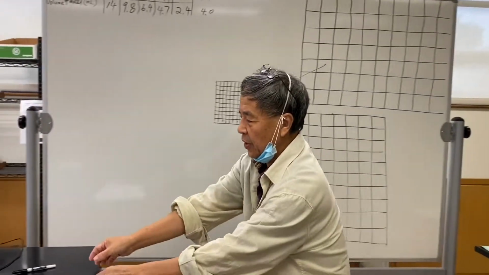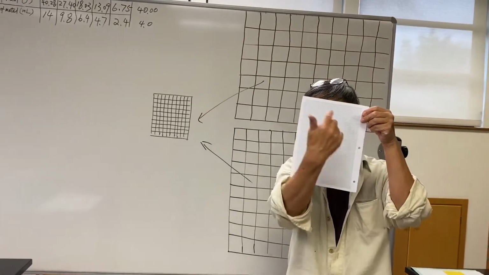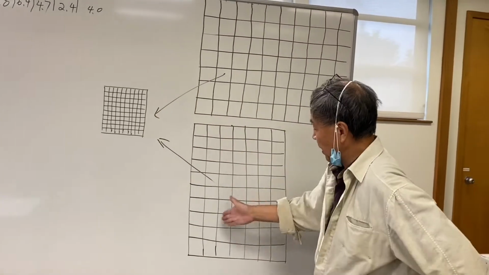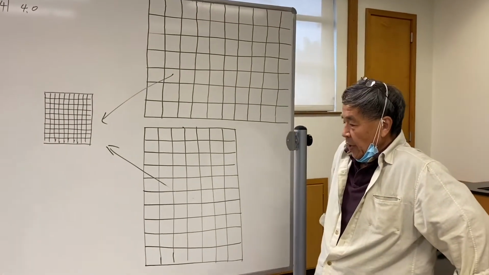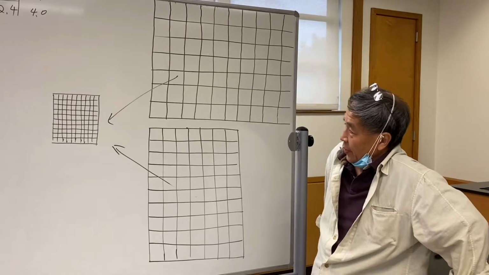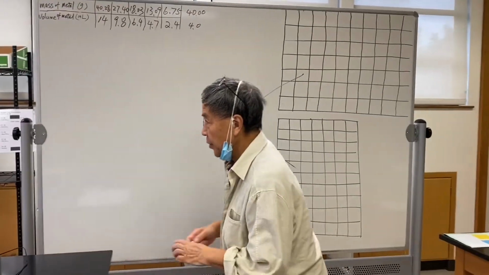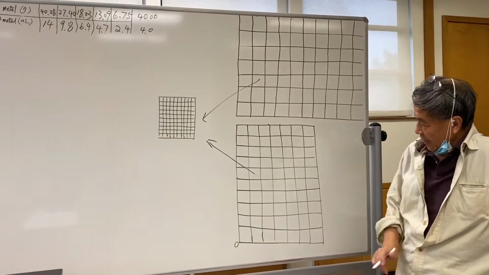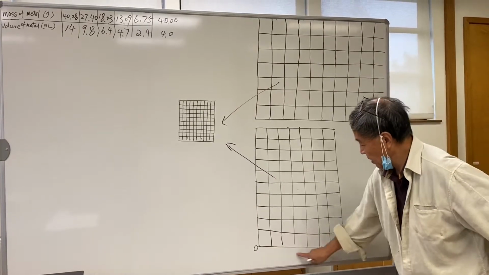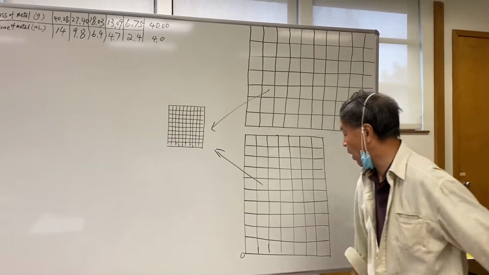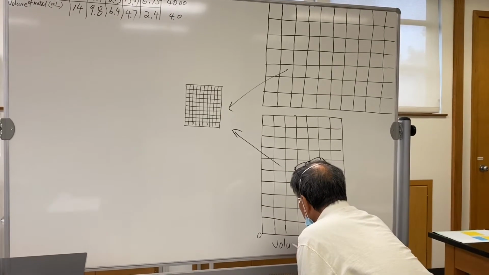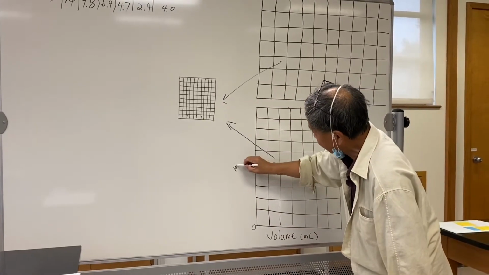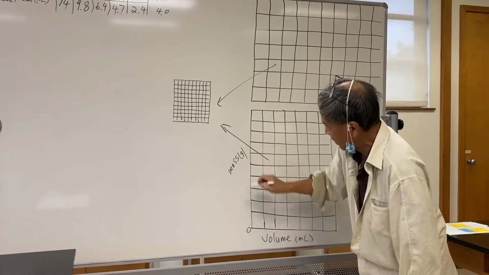So we're going to first use our given orientation, the so-called portrait. Because you are told to use X as our volume and Y as the mass, we're going to see.